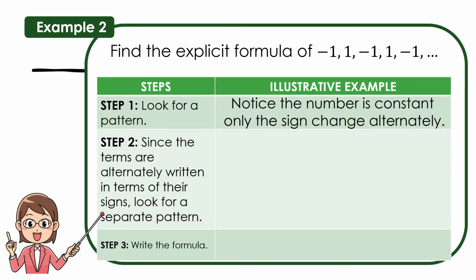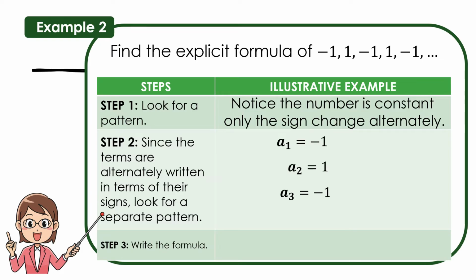Notice that the number is constant, only the sign changed alternately. We have the first term is negative 1, the second term is 1, and the third term is negative 1. These given numbers are alternately changing by sign.